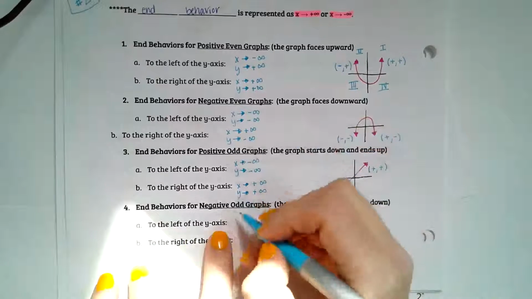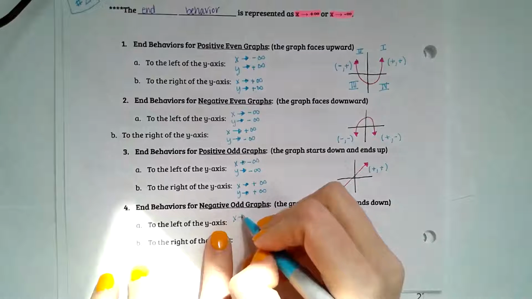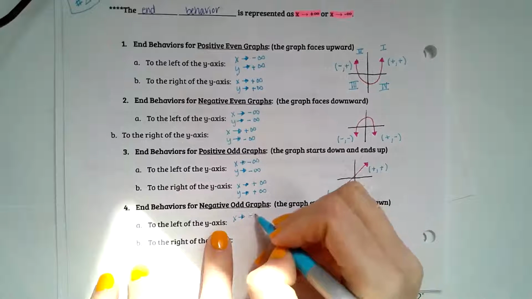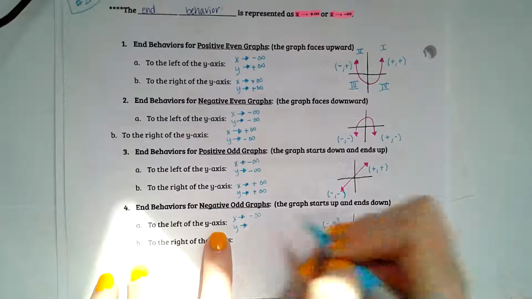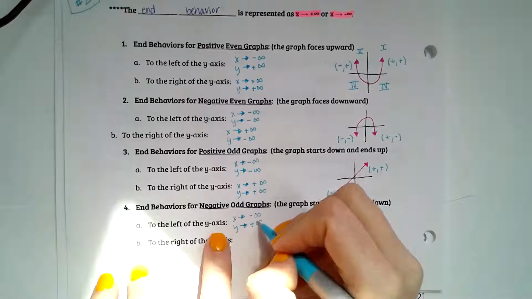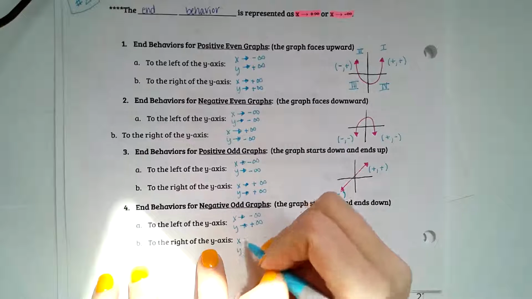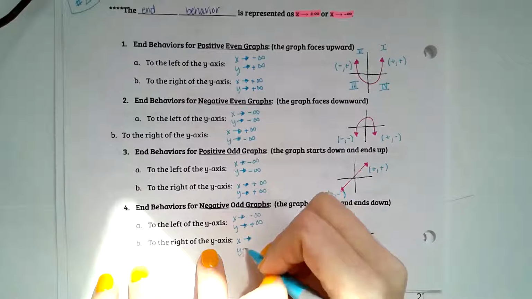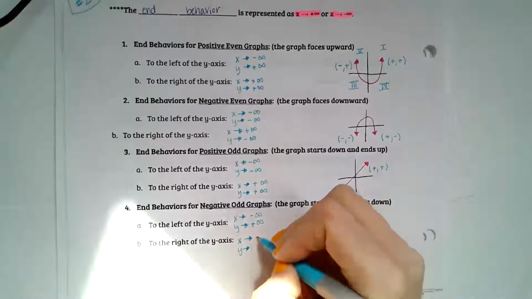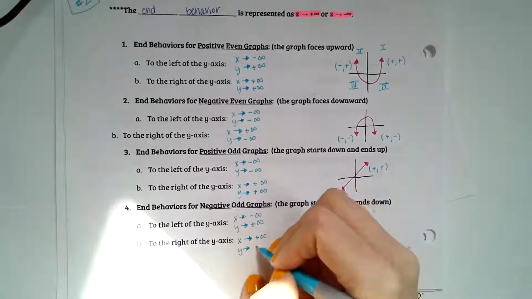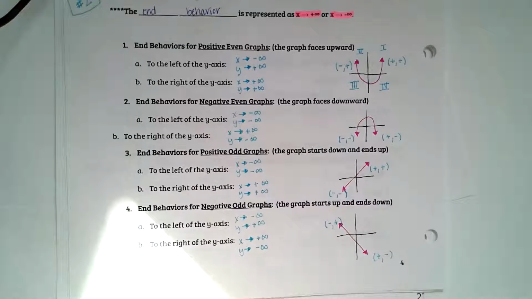So on the left side, x is towards negative infinity and y is towards positive infinity. Then x is positive infinity, y is negative infinity.